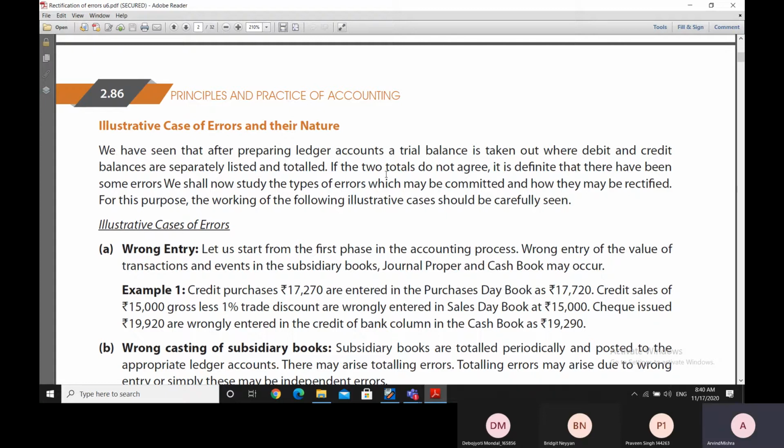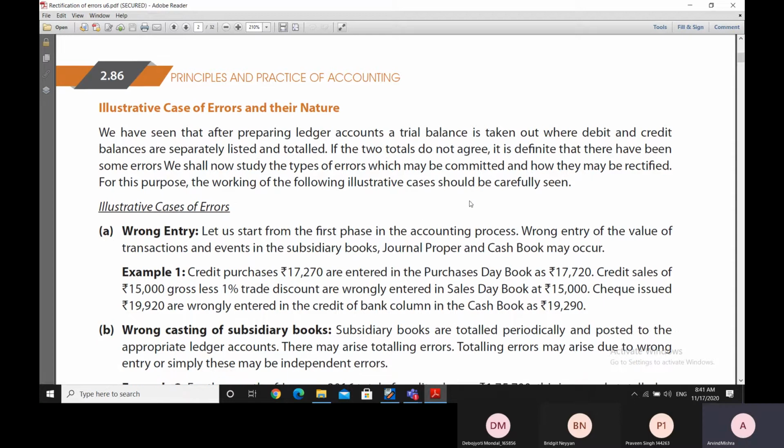Now, if the debit balance total is not equal to the credit balance total, then we are sure that there have been some errors. I mean, it is not possible that both sides are unequal and yet there is no error. This is the first confirmation that we get that there is an error over there. Now we'll study the various types of errors which may be committed and how they can be rectified.